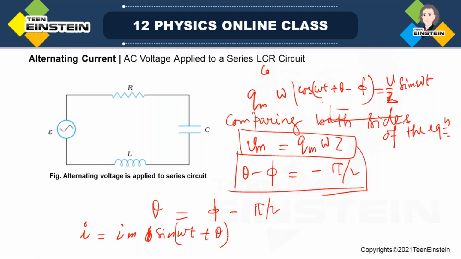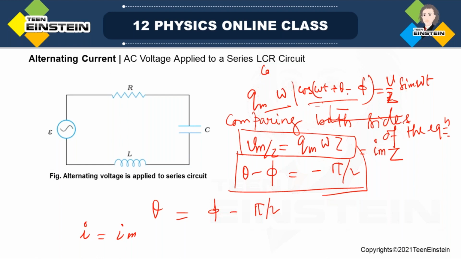From the above, Qm into omega we can write as current into C, so Im into this part.